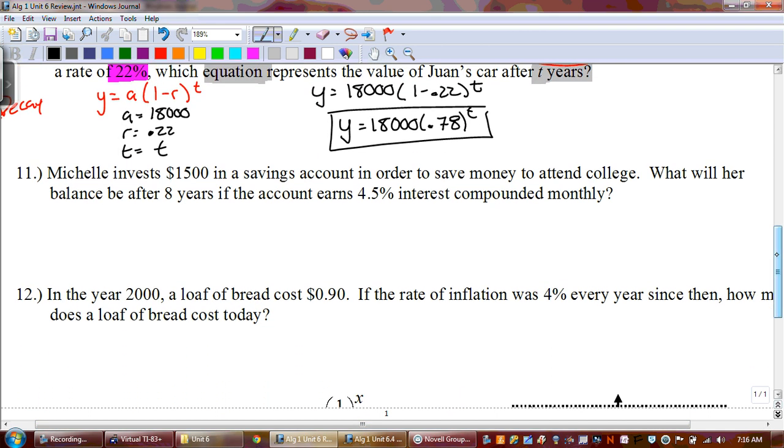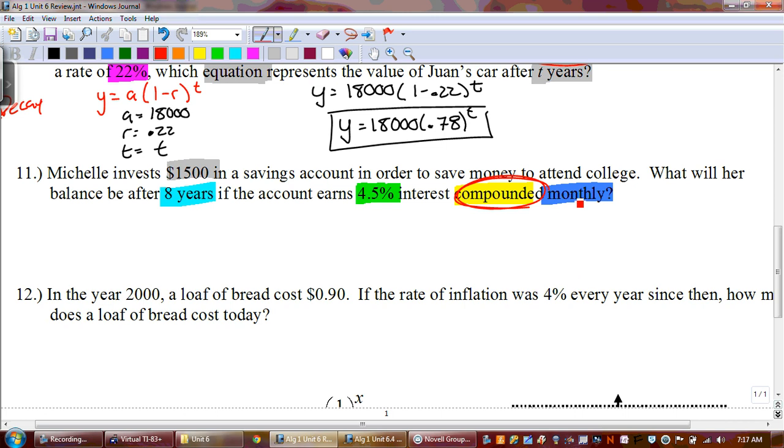All right, number 11. Michelle invests $15,000 in a savings account in order to save money to attend college. What will her balance be after 8 years in the account at 4.5% interest, compounded monthly?